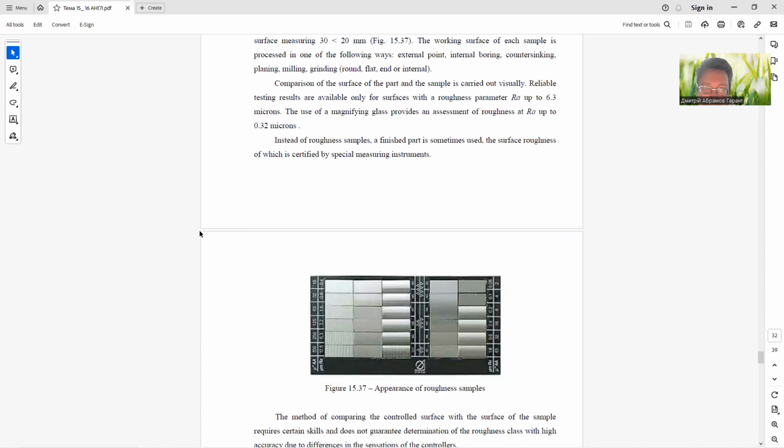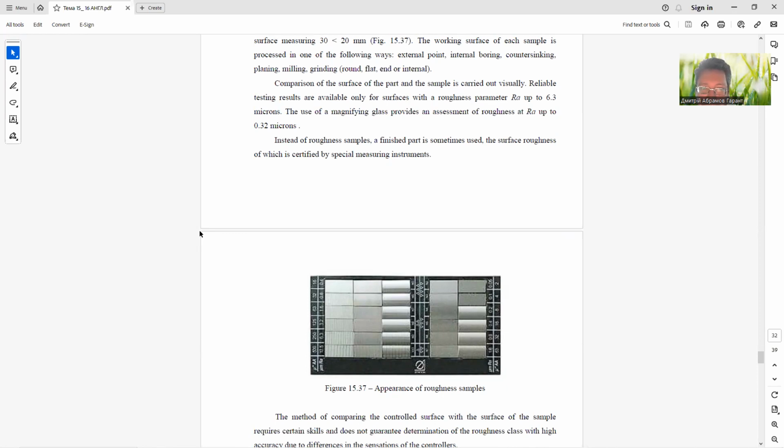Comparison of the surface of the part and the sample is carried out visually. Reliable testing results are available only for surfaces with a roughness parameter Ra up to 6.3 microns.